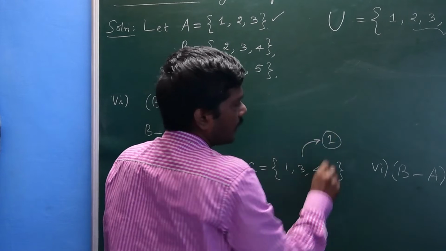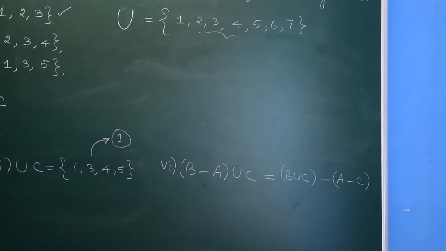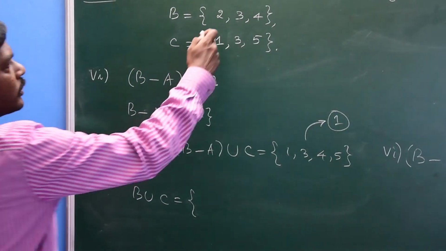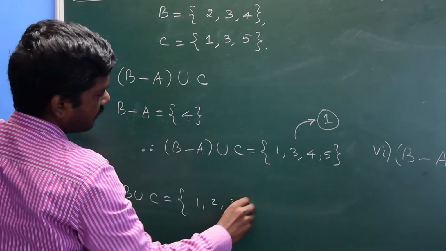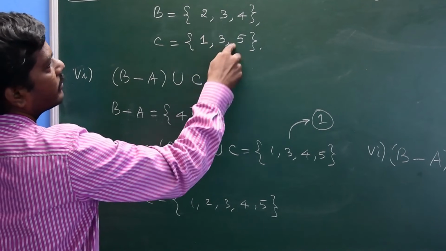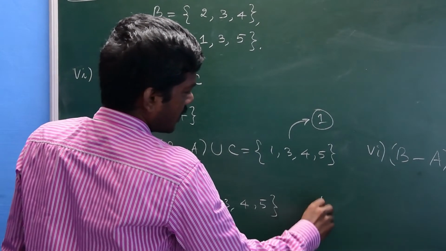But now let us find out B union C. What is B union C? B union C, if you take it, is 1 2 3 4 5. And what is A minus C?